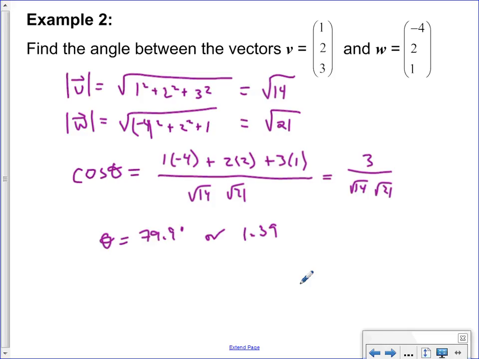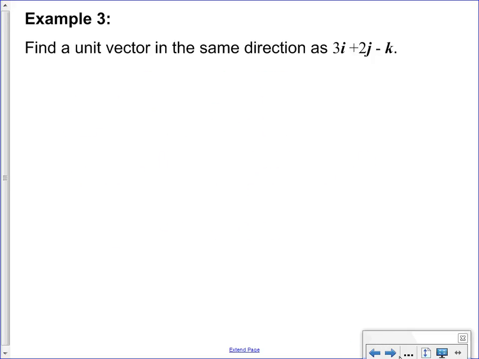Do you know how to find a unit vector? Well, let's go over it. Here we go. A unit vector of this thing must be a scalar multiple of the vector, because a unit vector has magnitude 1.